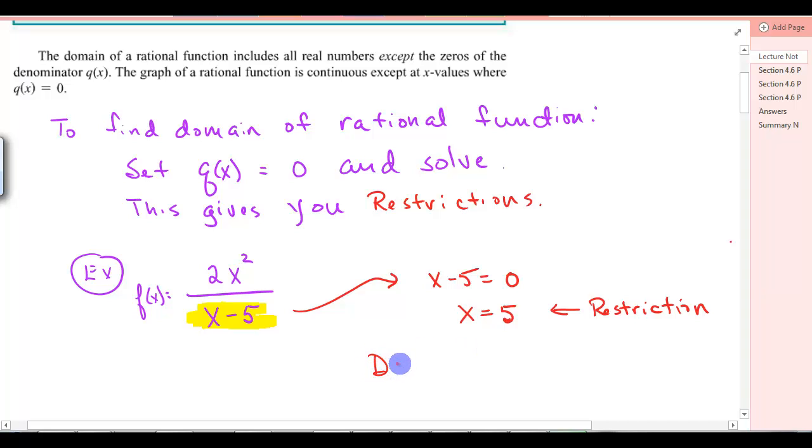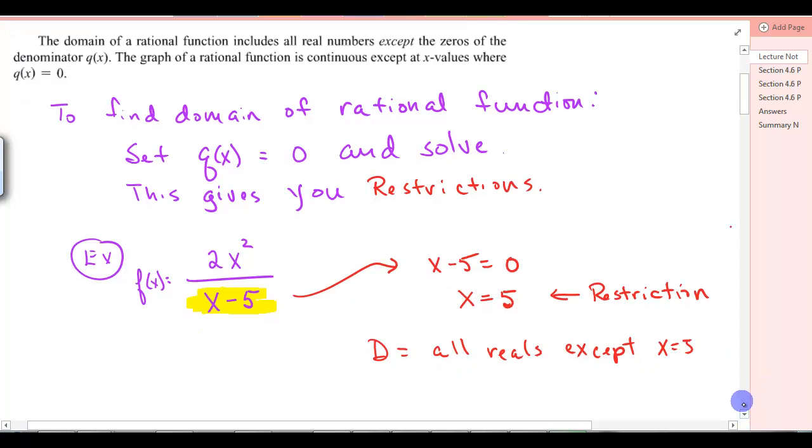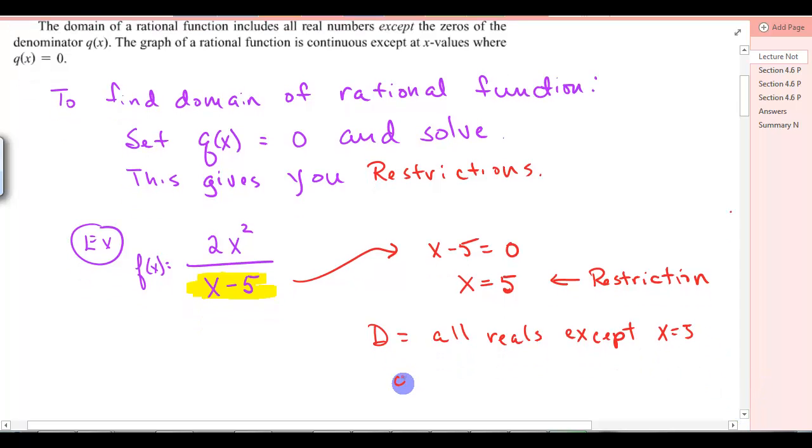So the domain is all reals except x equals 5. Or formally written, it might look like this, and it's read all x's such that x not equal to 5. So that's kind of a formal way to write it.